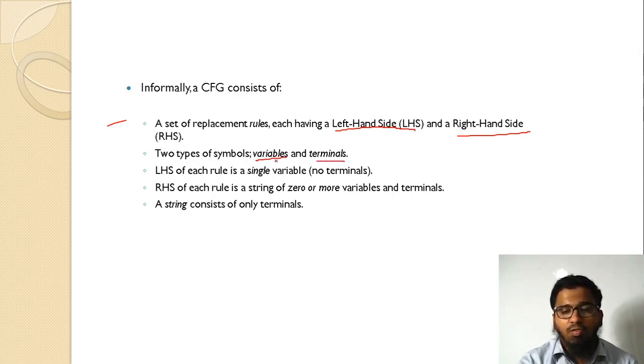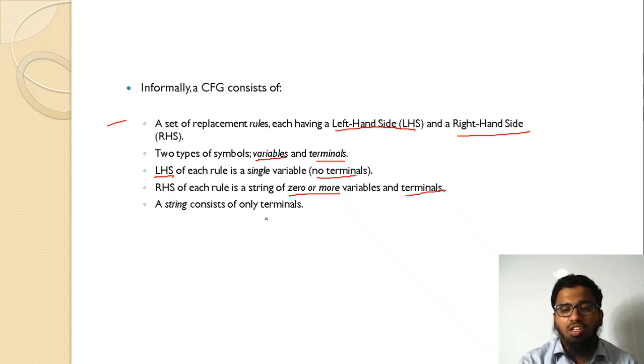Next, LHS of each rule is a single variable, that is a non-terminal. RHS of each rule is a string of zero or more variables and terminals.